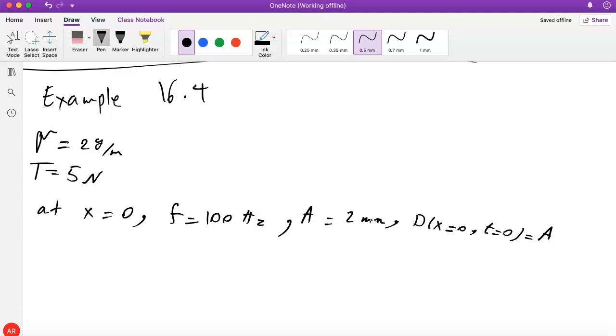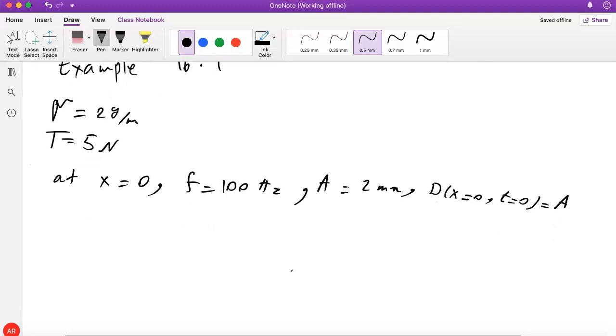And then at t equals 0, we're focused at x equals 0. We know that the oscillator is at its maximum possible value. That's plus A, right? That's the amplitude with a positive sign. So that's all the information we have. So now let's see how far we can get.